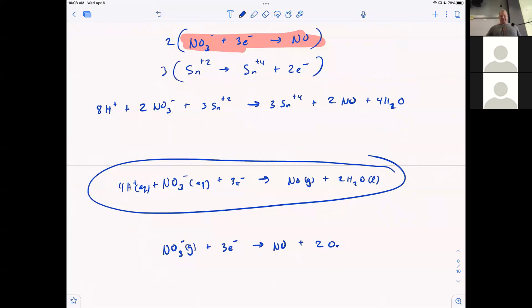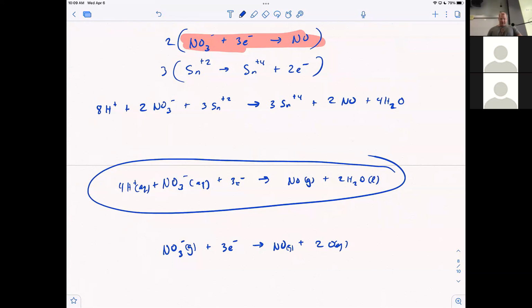It's unbalanced. It depends on the environment. So if this is like in deep space, yes, this is possible.